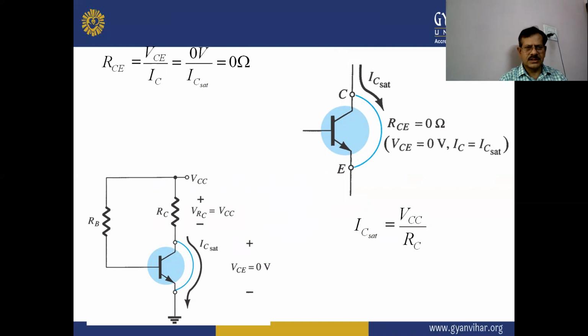So in this circuit diagram, we can find the value of RCE equal to VCE upon IC, put the value of VCE 0 and IC saturate. So RCE will be equal to 0 ohm, and also IC saturate equal to VCC upon RC. So this is also the DC analysis of this circuit diagram.